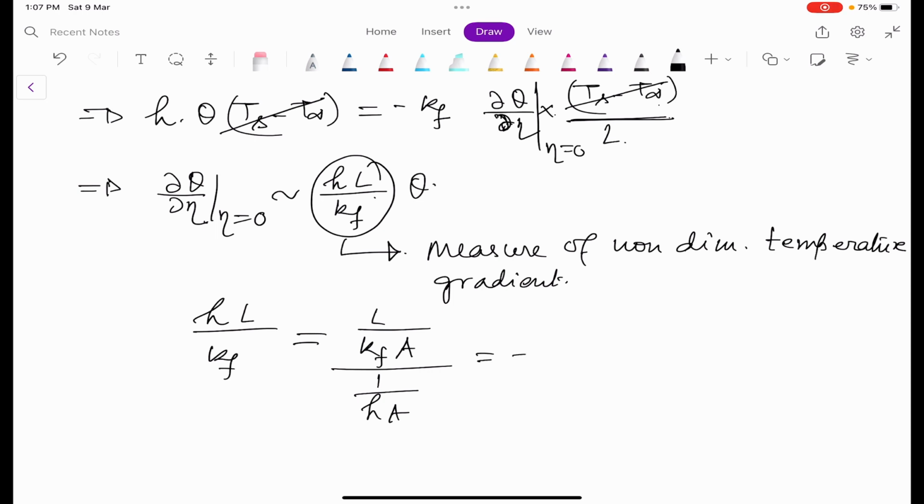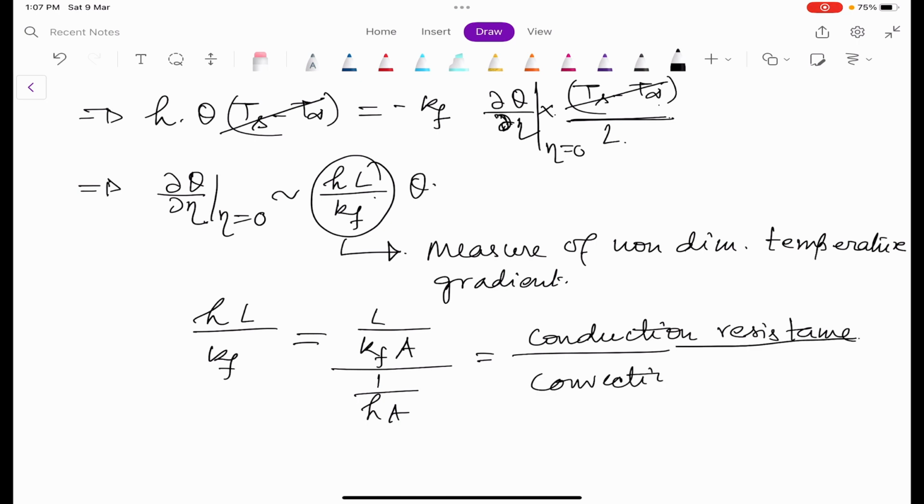So it is conduction resistance by convection resistance, or convection by conduction.